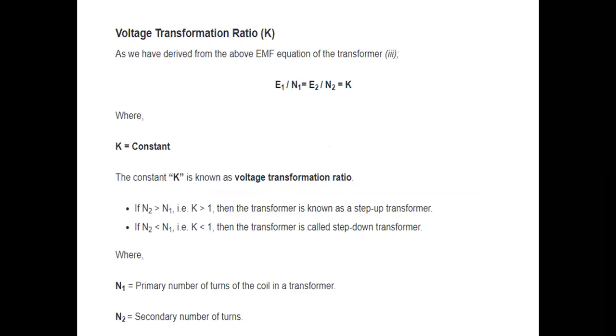That ratio is nothing but the voltage transformation ratio denoted by capital K. The value of K, whether it is greater than 1 or less than 1, depends on the comparison of the number of turns. If secondary turns are greater than primary turns, the transformer is a step up transformer. And if secondary turns are fewer than primary turns, the transformer is called a step down transformer.